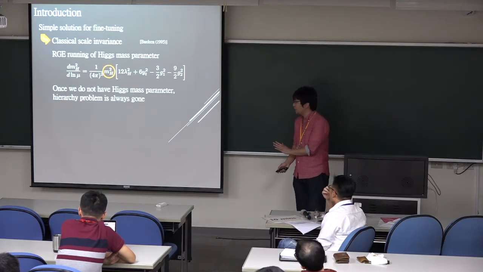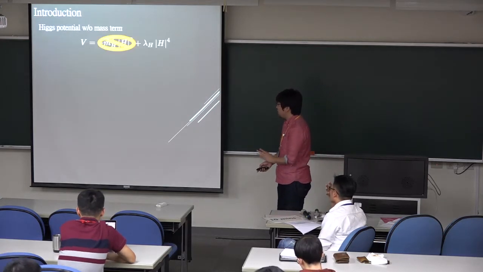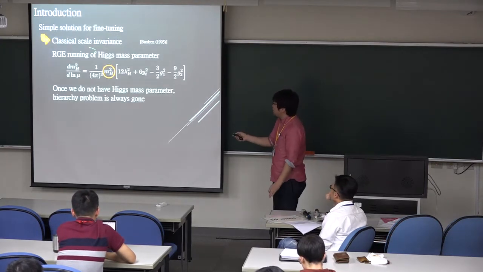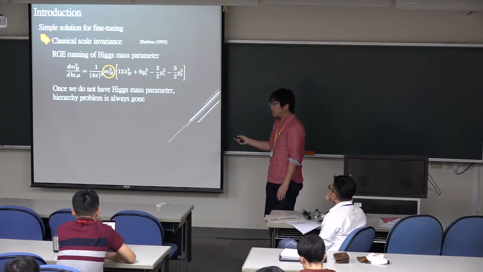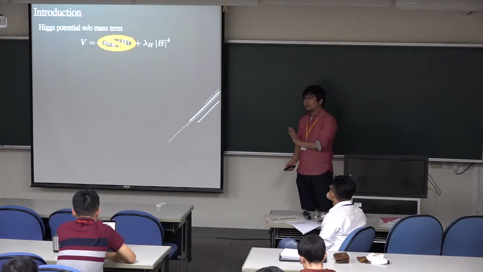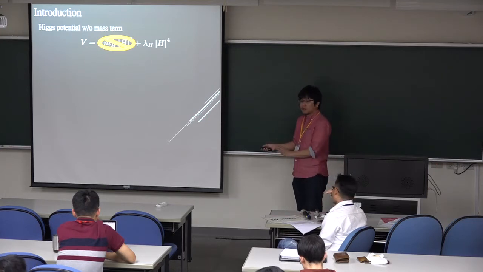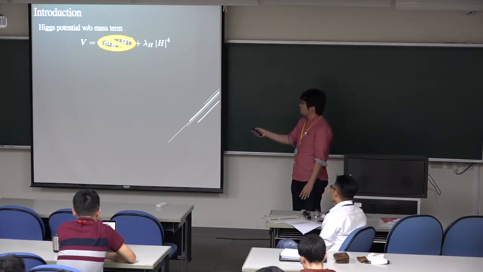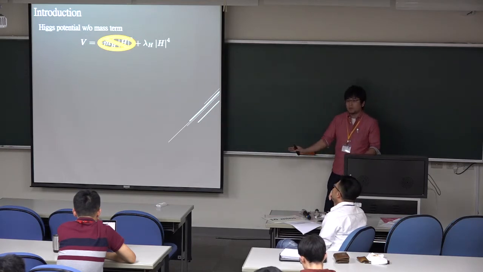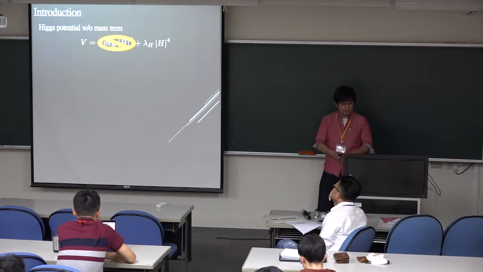This is one of the criteria. That idea is nothing but the classical scale invariance. So once you have been able to take that kind of boundary condition at the UV scale, you can simply forget about this mass term. So there is no mass parameter in the Lagrangian.